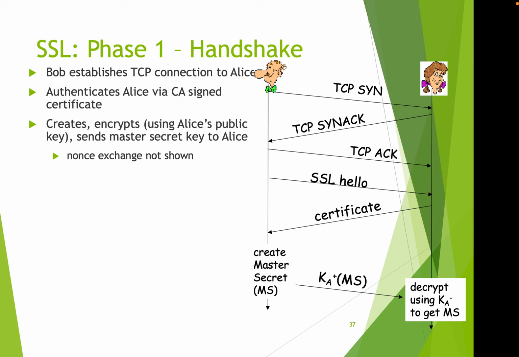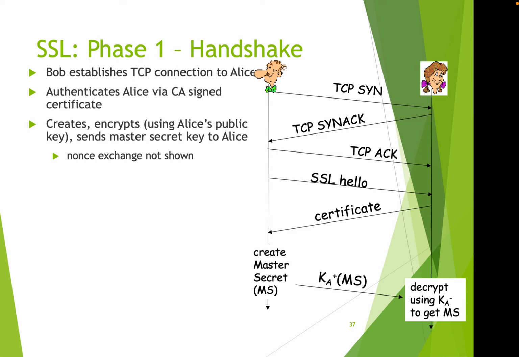Phase one is the handshake. So Bob establishes a TCP connection to Alice. So Bob does the handshake with Alice, and then authenticates Alice via a signed certificate. So that is why SSL provides security: the identity of the users they can trust. And then Bob creates, encrypts with Alice's public key, and sends the master secret key to Alice.